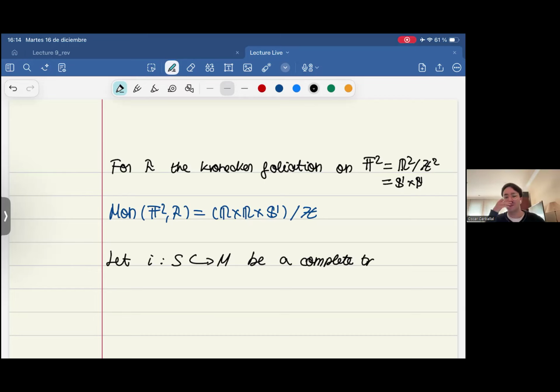Transversal is saying that it's a submanifold of M with a proper topology, such that it is transversal to every leaf, right? So the dimension of our submanifold S has to be the codimension of the foliation.